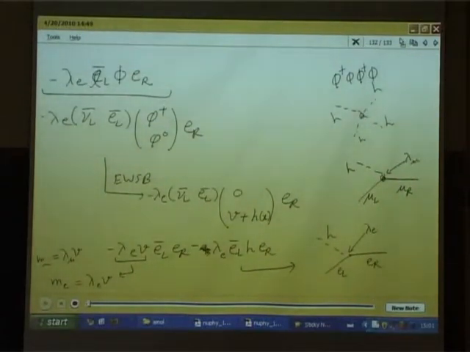Lambda mu. So if this coupling constant is 1, how much is this coupling constant? 210.